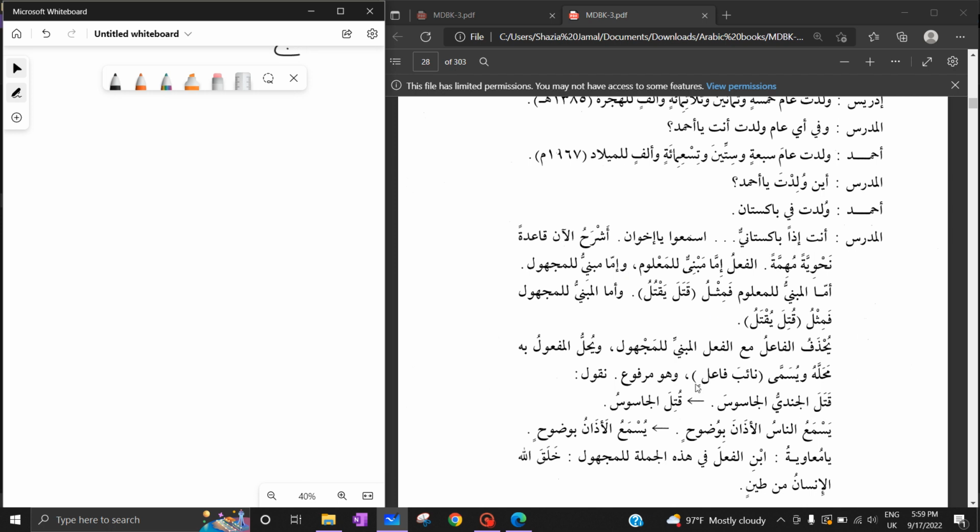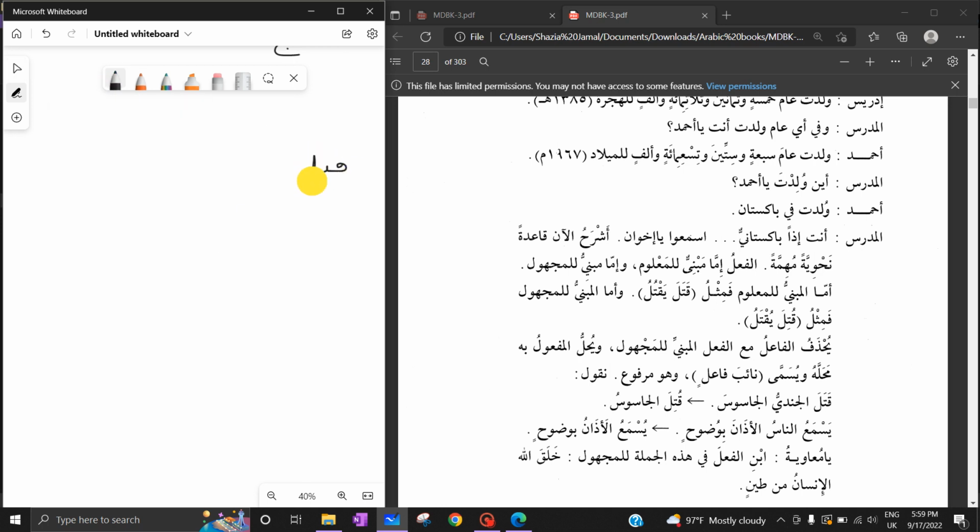Qatala huwa marfu naqul. I told you naib al-fa'il gets a dhamma. We'll see in this example. Qatala al-jundiyu al-jasus. Jundi is the soldier or the troop, the military troop. Jasus is the spy. So what happens in majhul? Qutila, and this is qatala, an active voice.